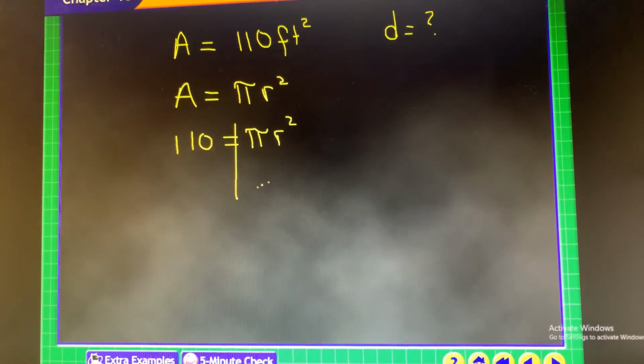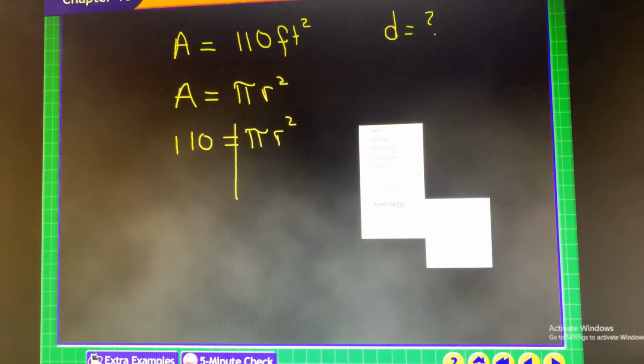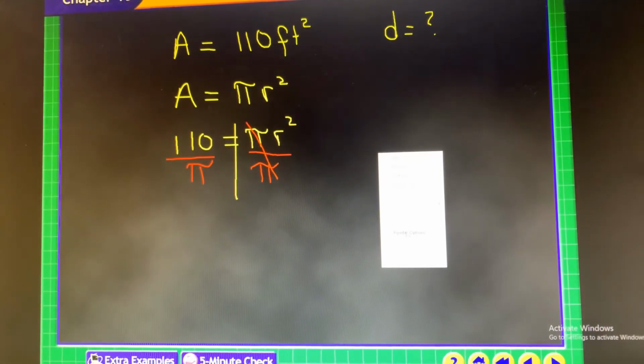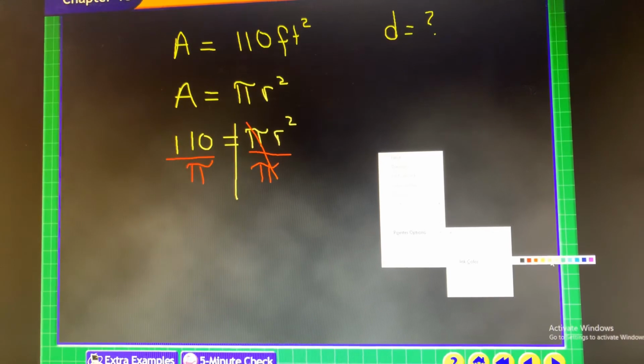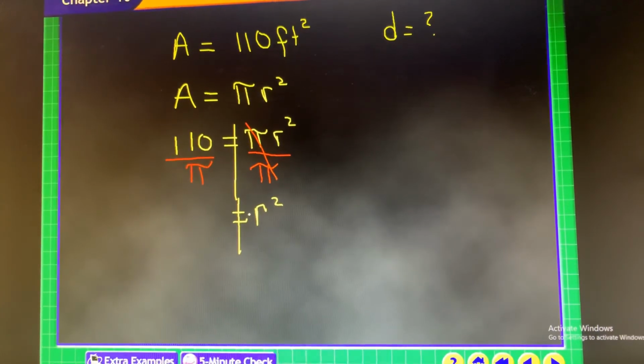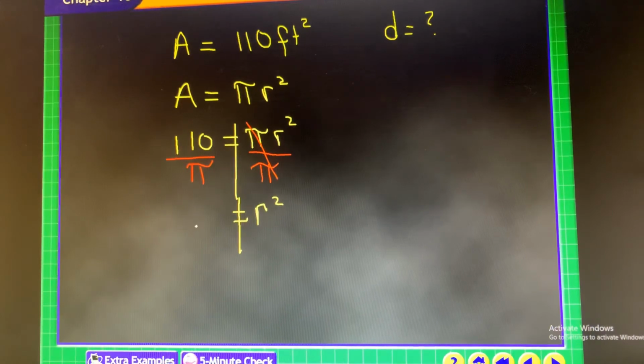Think about a 1-step, actually this is a 2-step equation. So the first thing I'm going to do is isolate the r. So I'm going to get pi over to this side so that I can cancel it here. So I have r squared is equal to 110 divided by pi, and remember this is a lot of rounding, I'm going to get 35.